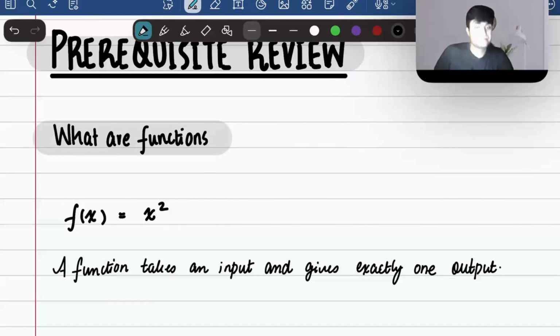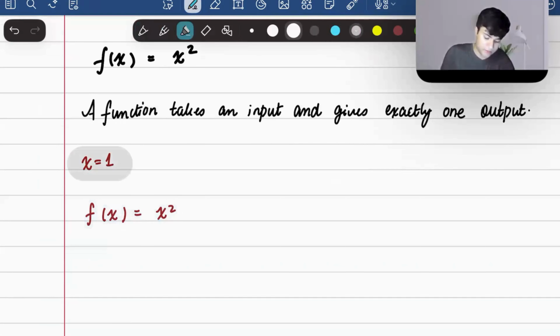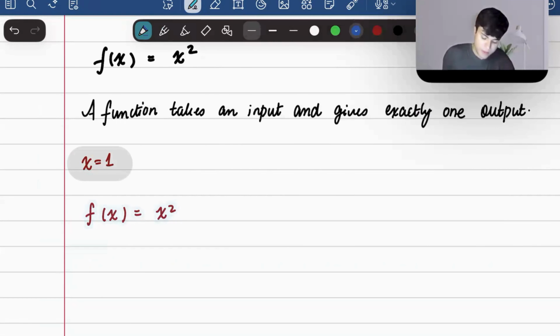Let's say, for example, I give the function f of x equals x squared an input of x equals 1.